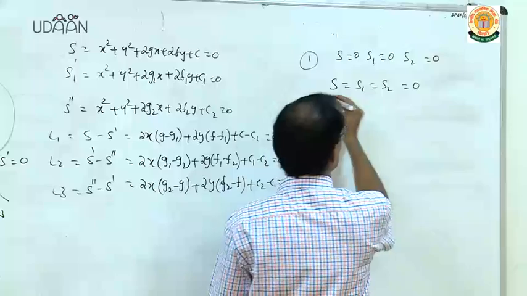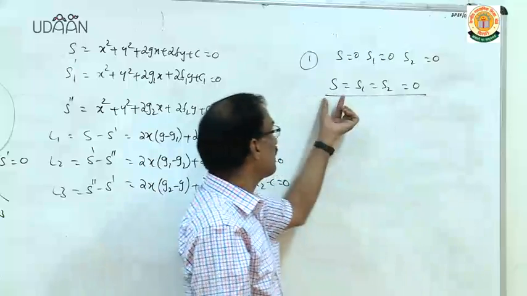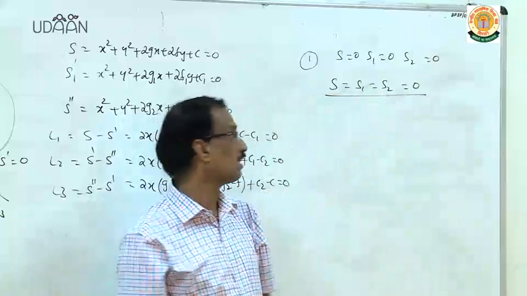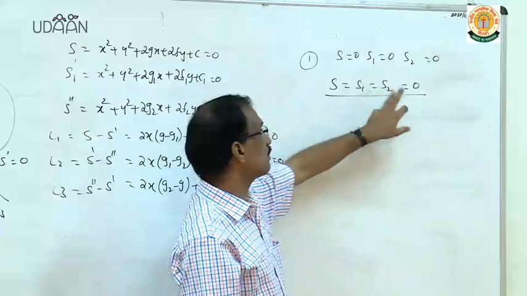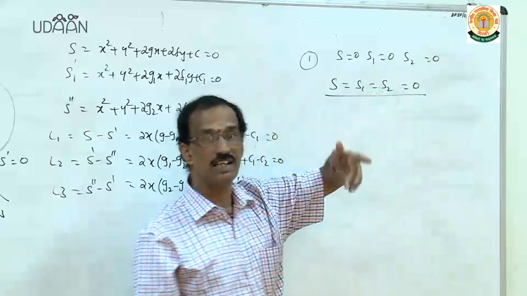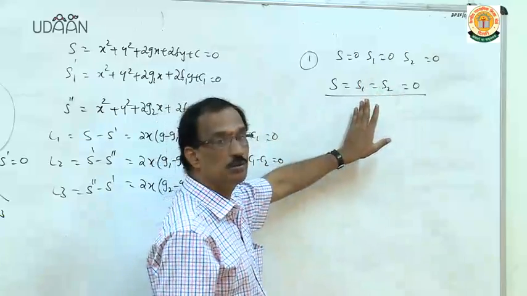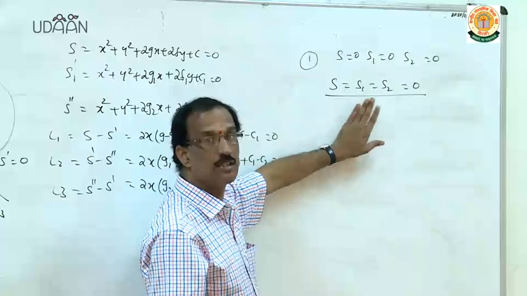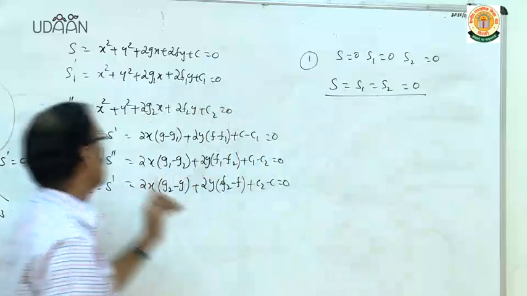That is, S equal to S1 means S minus S1 equal to 0, a straight line you will get. Another, S1 minus S2 equal to 0, another straight line you will get. So, you solve these two, and from this you will get the radical center.